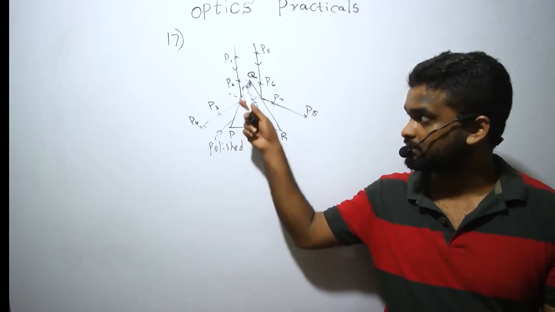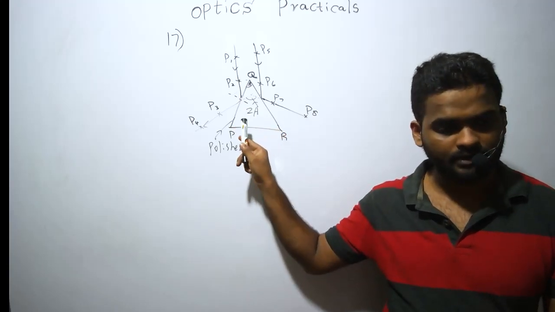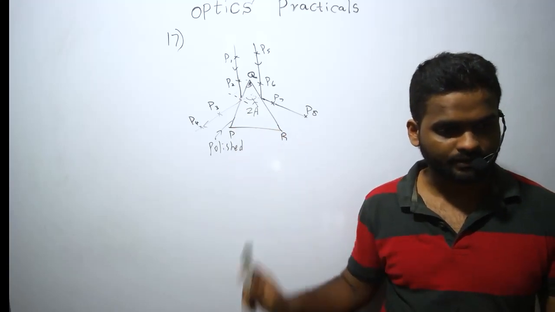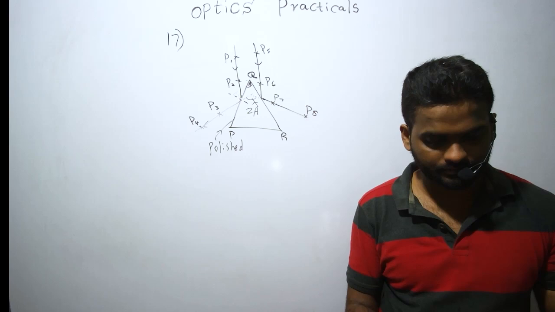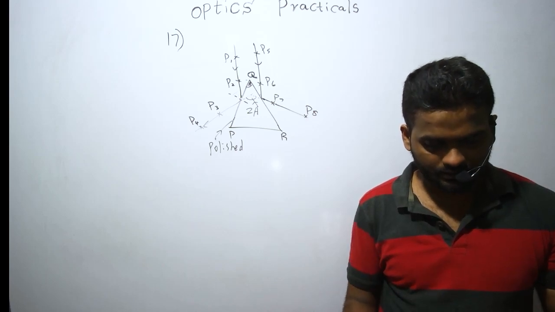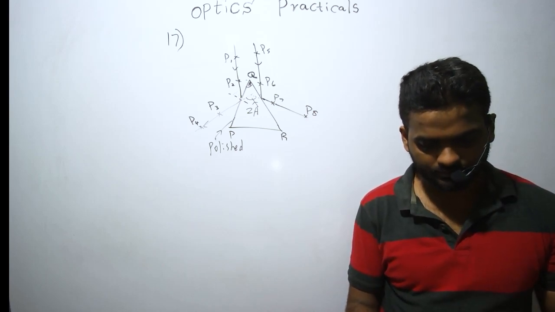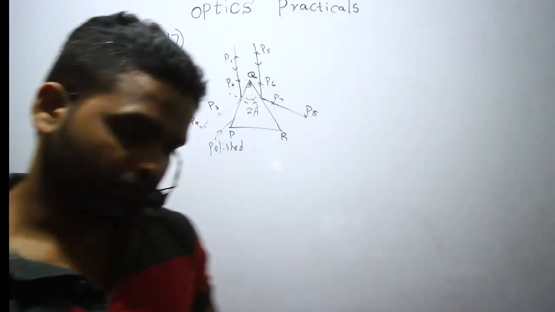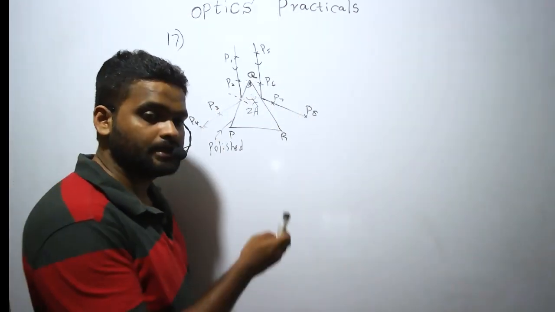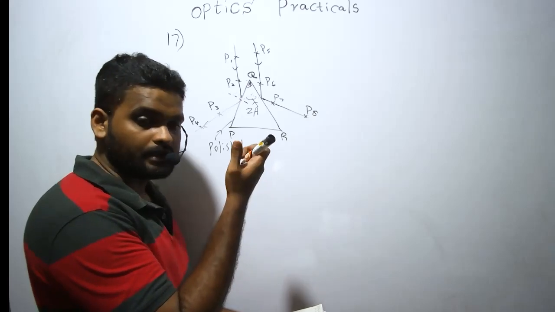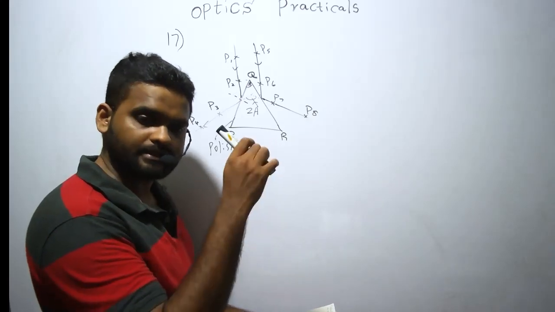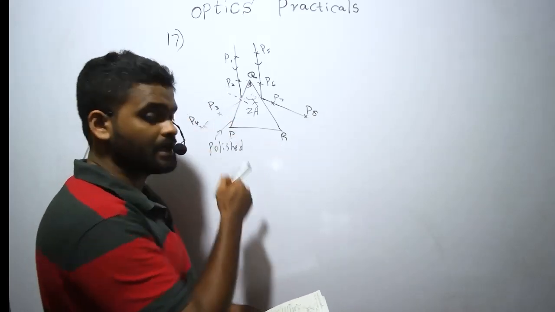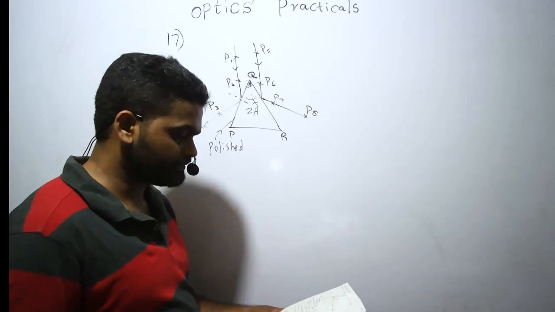So this surface, both surfaces, those are polished, right? Polished surfaces. Okay, so now we found the minimum deviation angle, D min, and the prism angle also you found, right?